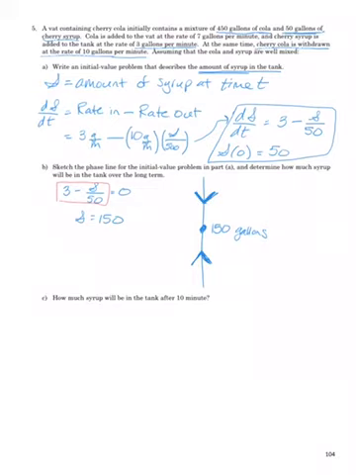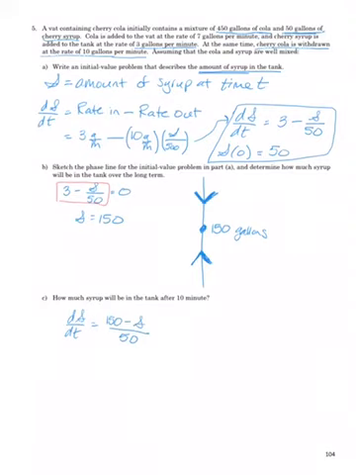All right, how much syrup will be in the tank after 10 minutes? So I have to solve the entire initial value problem, get a function S of t, and plug in 10. So I have dS/dt equals, I'm going to use a common denominator to make this separable. 150 minus S over 50.